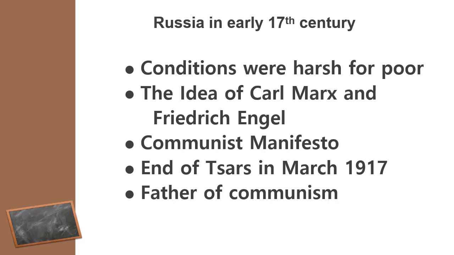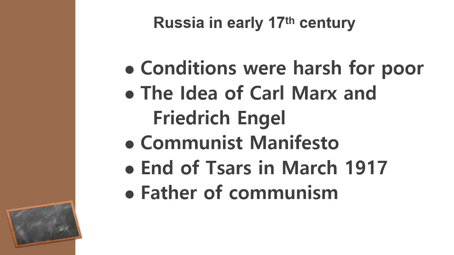The conditions during those times, in early 20th century Russia, were harsh for the poor, and the situation was made worse by World War I. It means that there were so many poor people who were unable to meet their daily needs.